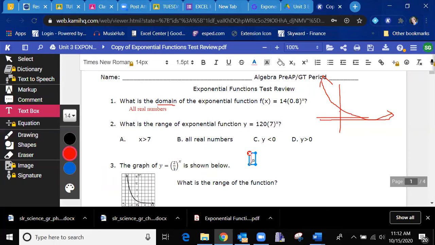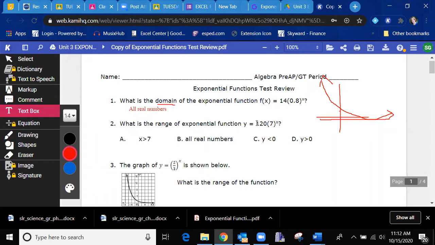Okay. Now we're asking about the range. The range of a function. This one starts at 120 and it multiplies by 7. Do you see after here any plus or minus?